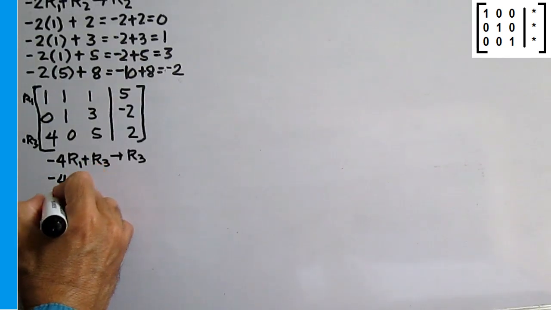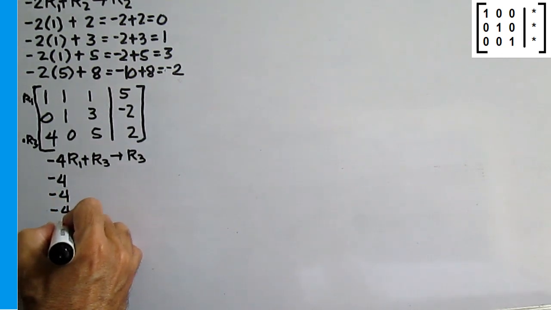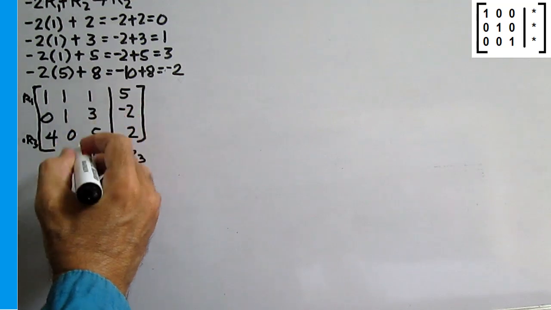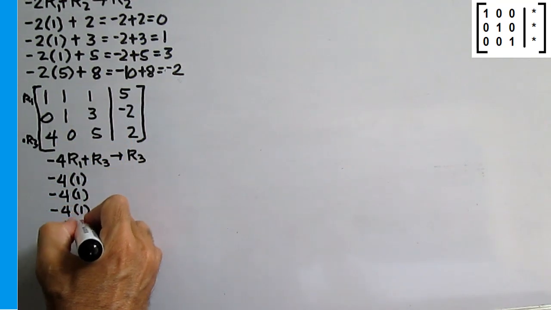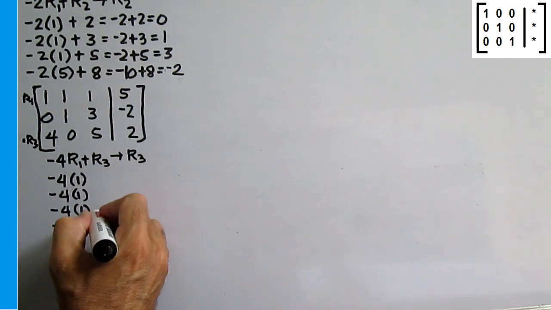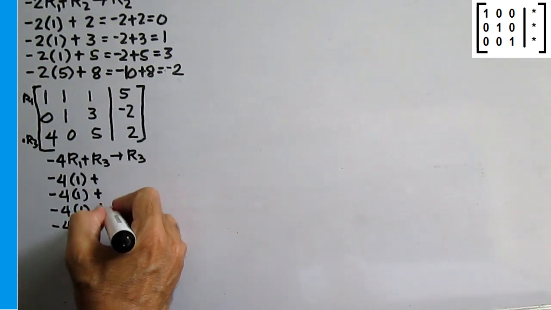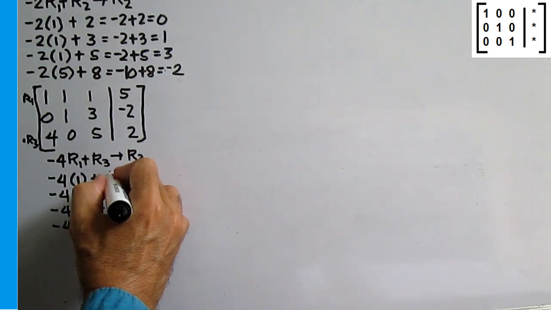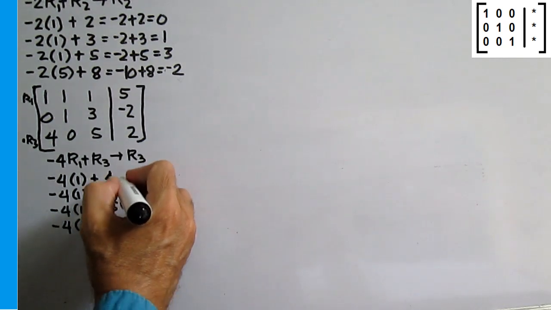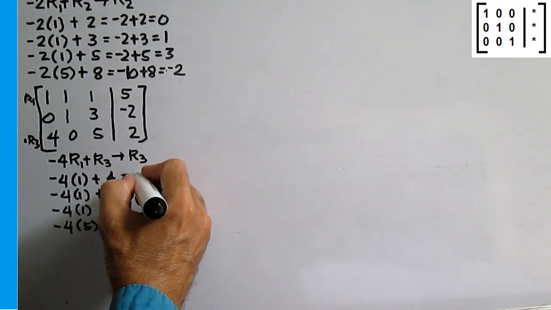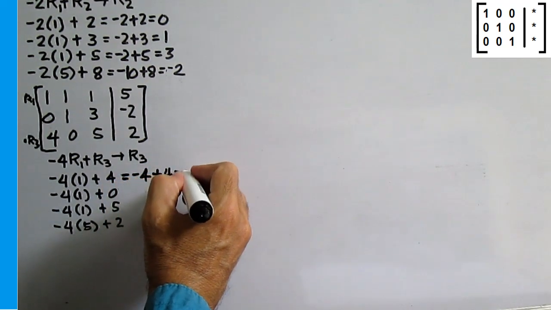Negative 4 times the numbers in row 1, 1, 1, 1, 5, plus the numbers in row 3, 4, 0, 5, 2. Negative 4 plus 4 is equal to 0.